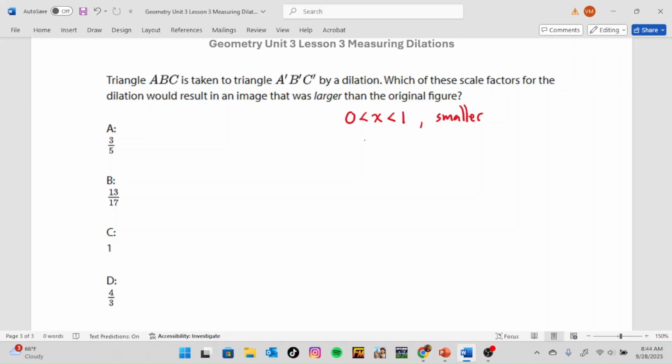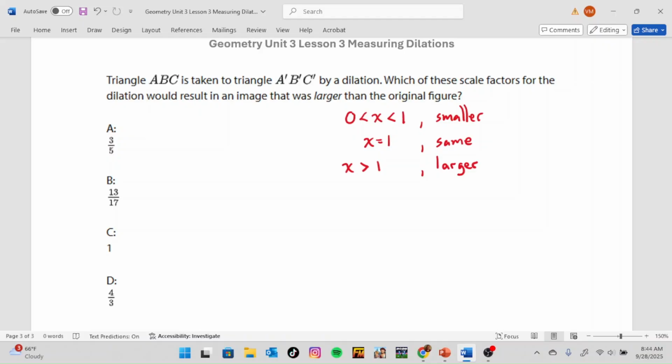Then we said that if we multiplied by 1, then our number stayed the same. And finally, we said that if the number was larger than 1, then our answer would get larger. And that's the same concept on this problem.